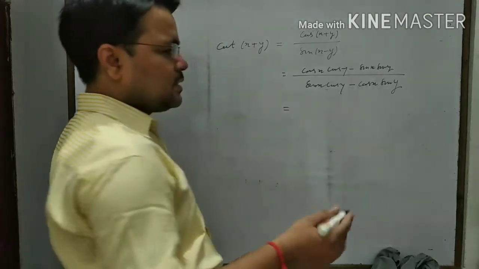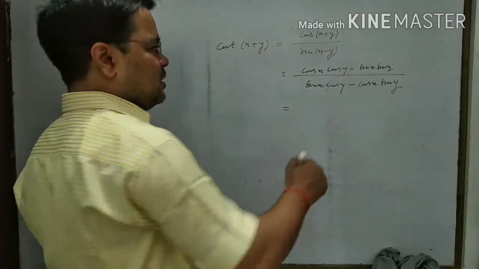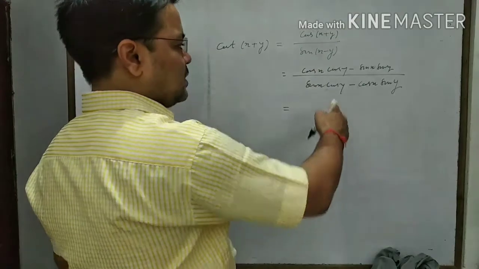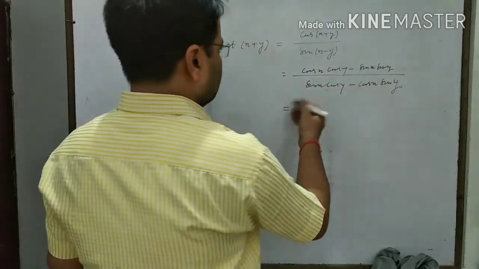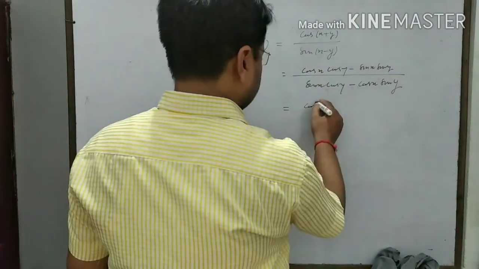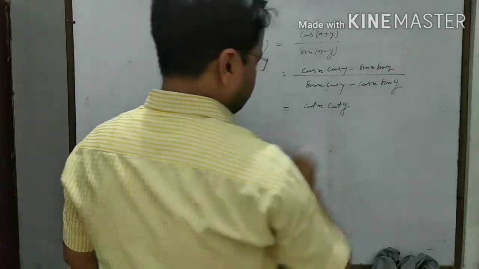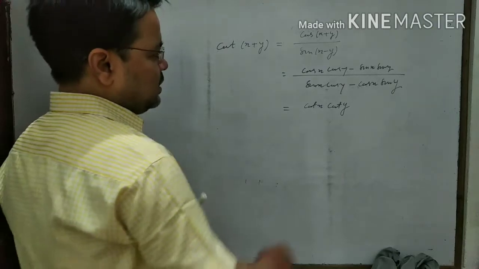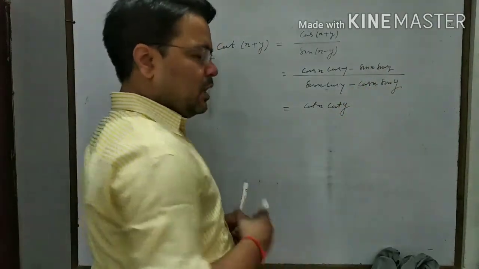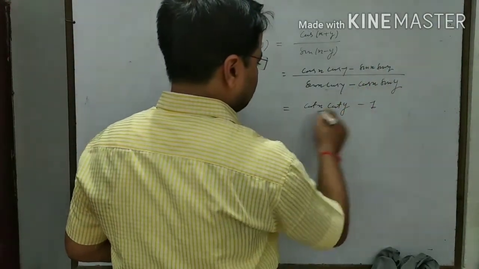If we divide it by sin x and sin y, then it will be cos x upon sin x, cos y upon sin y, so it will be cot x cot y, and here sin x and sin y will be cancelled. It will be minus 1.